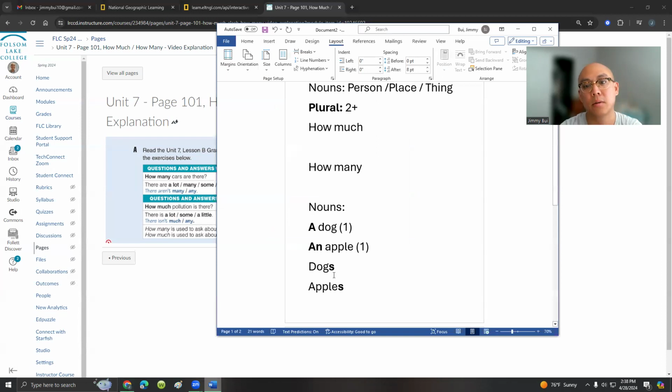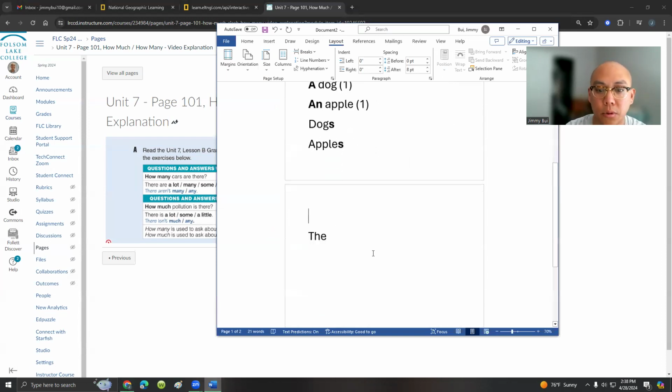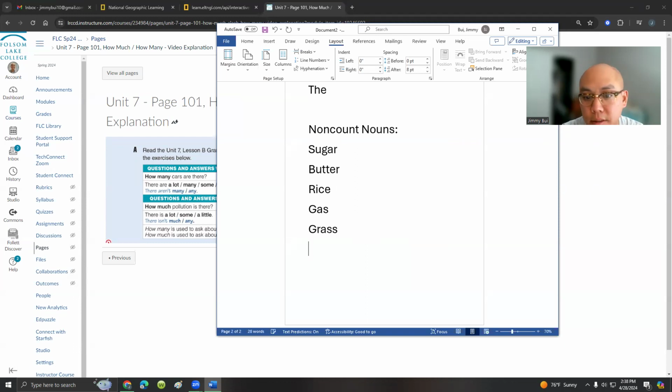Okay, so some examples of non-count nouns are sugar, butter, rice, gas, grass, oil. Non-count nouns usually have a form of measurement.